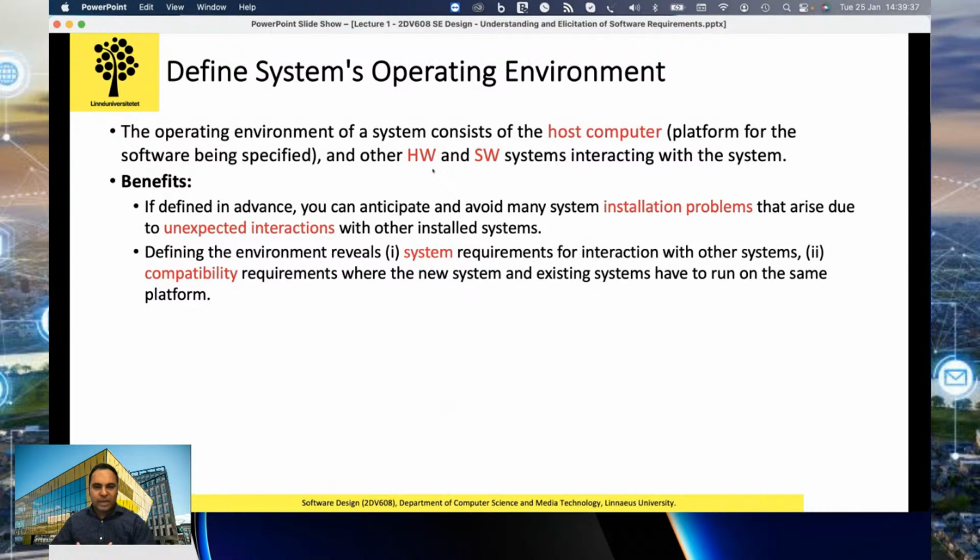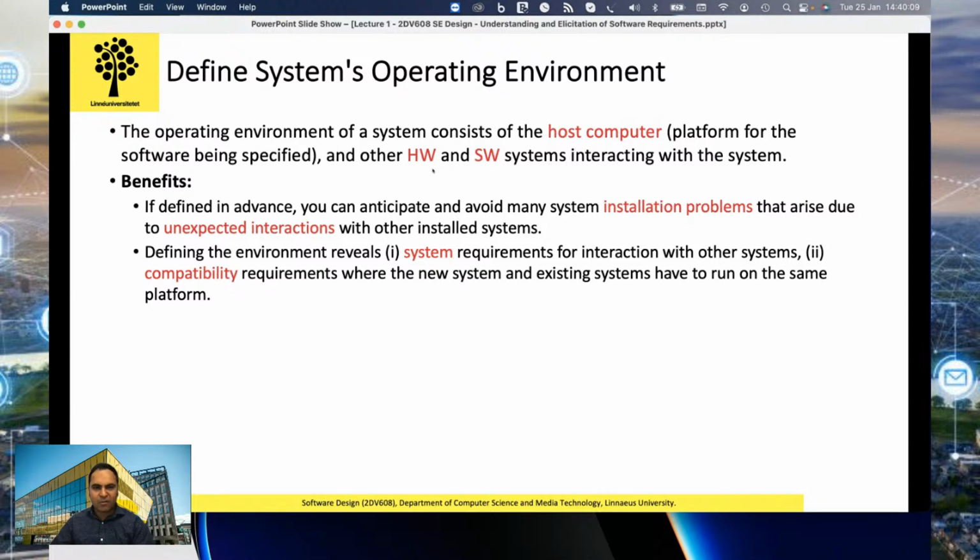If you want to elicit requirements, one of the steps or activities that you should also do is define the environment, like where your system or software will be operating or running. And for that, you need to know the configuration of the host computers. You need to know what hardware and software your system will be interacting with, and so on.